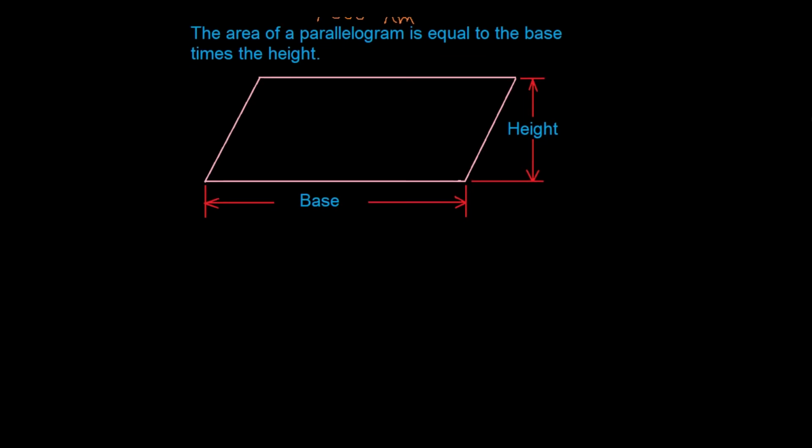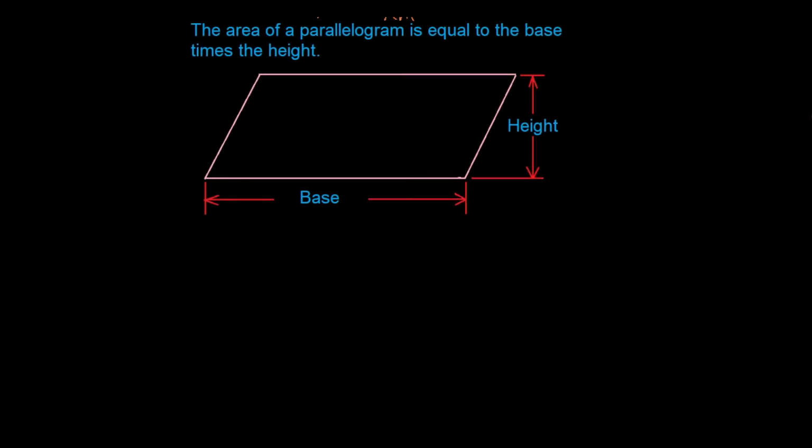Parallelogram says the area of a parallelogram is equal to its base times its height. So here's its base. You see the base is the same length as its top. Its two sides are the exact same length too, but you're not going by the length of the sides, you're going by the height of the sides.